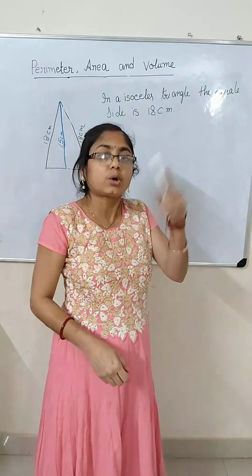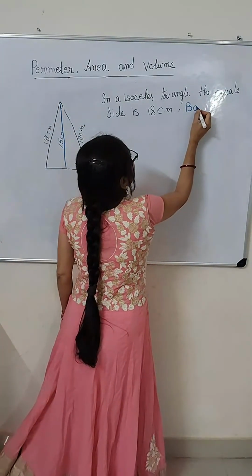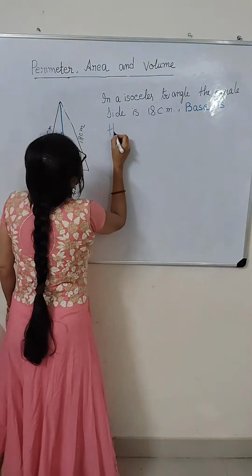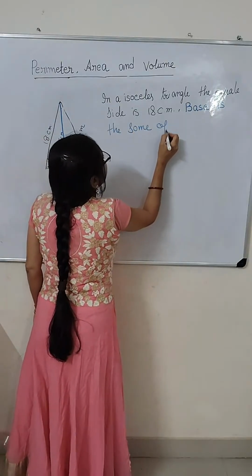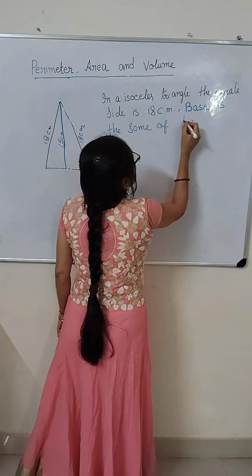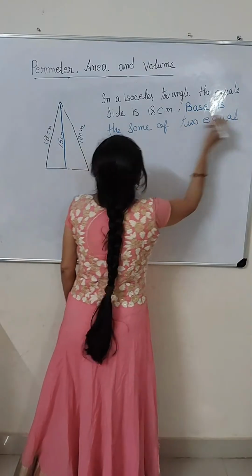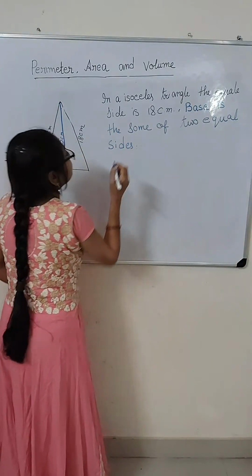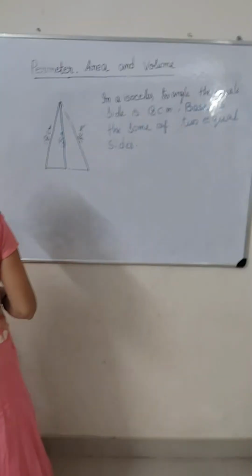The base is the condition. Base is the sum of two equal sides. Base is the sum of two equal sides.